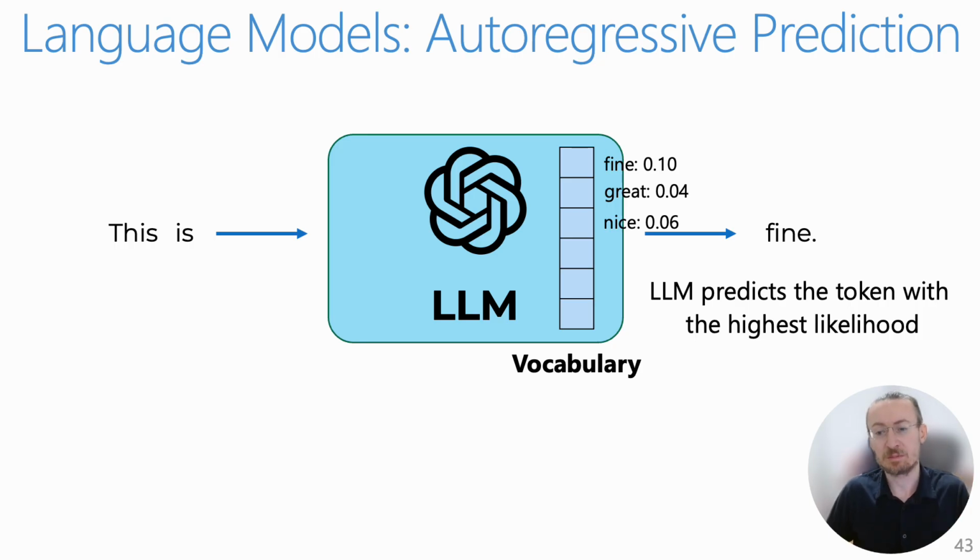But this is one way to do it, by just taking the most probable token in the vocabulary. Usually one of the tokens with the highest predicted probability is chosen as the next one.